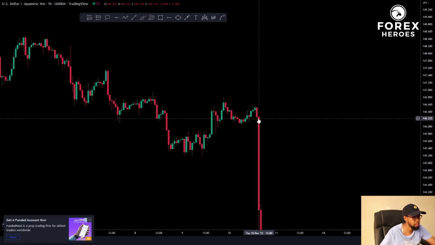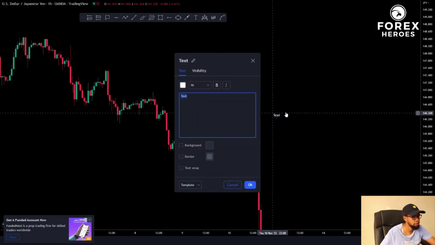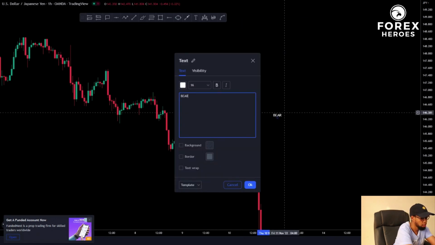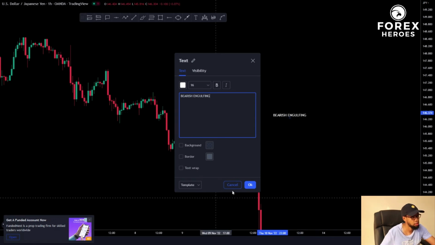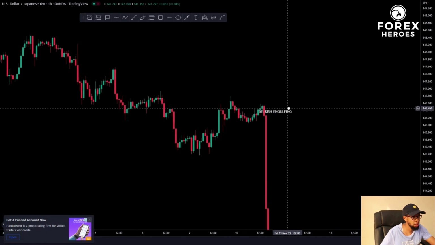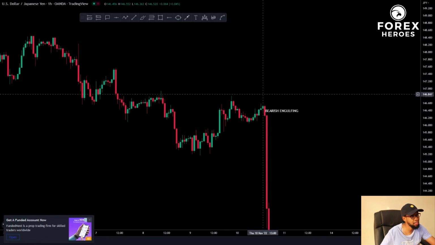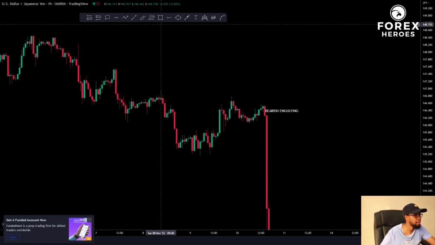Look at this one. You can see this bearish engulfing candle. This one, bearish engulfing. But how would you know? Okay, I see it's a bearish engulfing, but how would I know? Okay, fine, I see an M formation. I see here a double top.